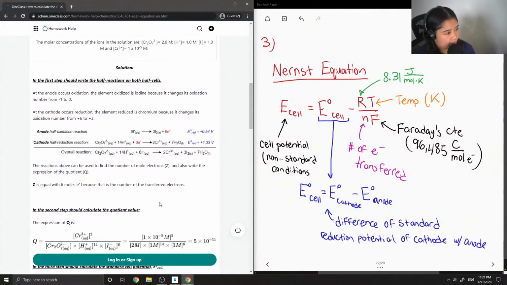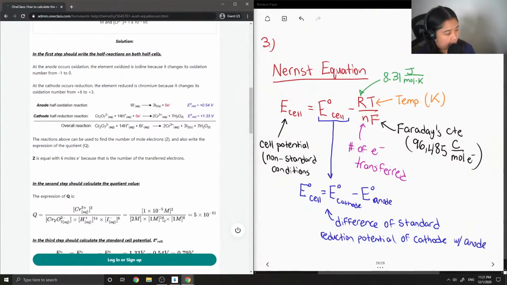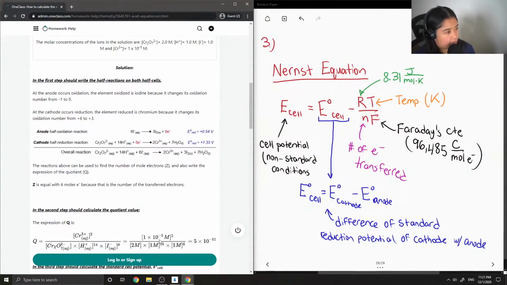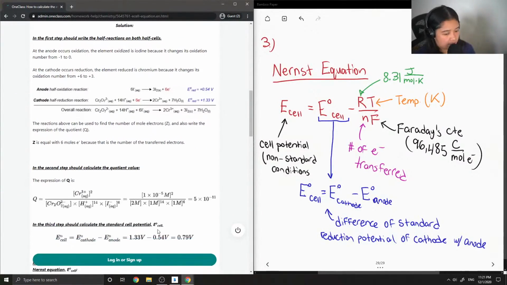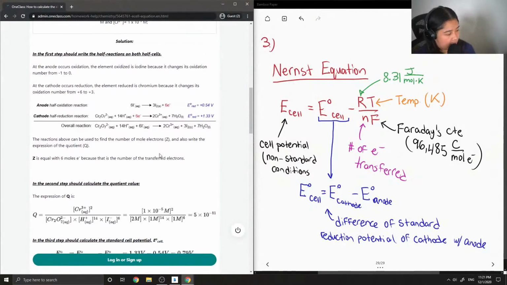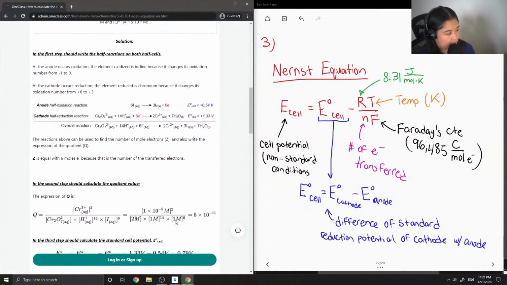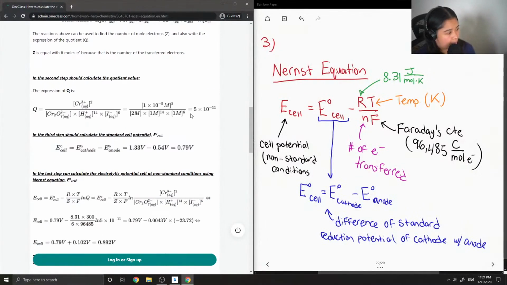And now they inputted the given concentrations from the question. So the concentration of chromium 3+ is 1 × 10⁻⁵, and the concentration of this is 2, proton is 1, and the iodide is also 1. And they got Q to be equal to 5 × 10⁻11.